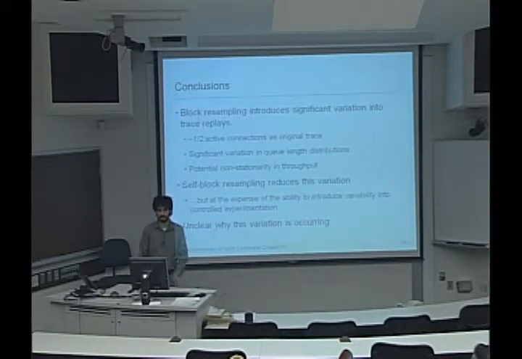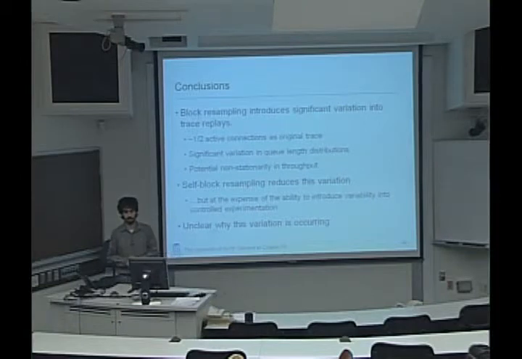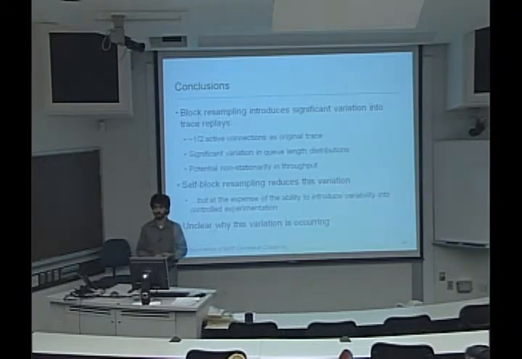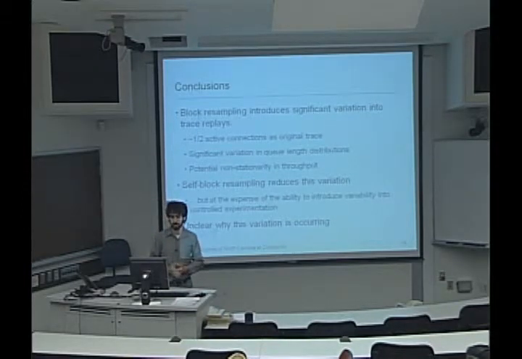My conclusion is that block resampling, as it stands, introduces significant variation in trace replays. You saw all these things: about half the number of active connections at any given point, and significant variation in queue length distributions. The throughput will jump around and doesn't reflect what you saw in the original set of connection vectors.